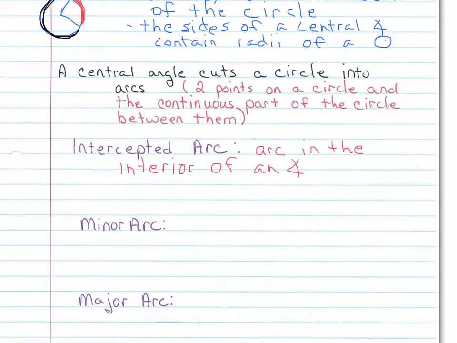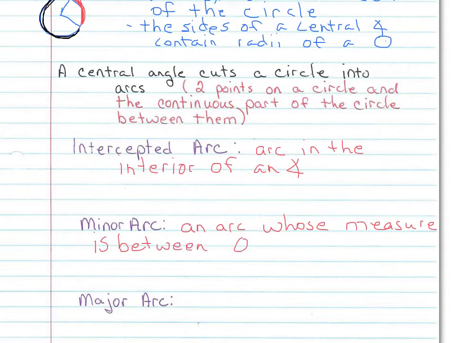We have a minor arc, which is an arc whose measure is between 0 and 180 degrees. It is an arc that lies in the interior of a central angle.